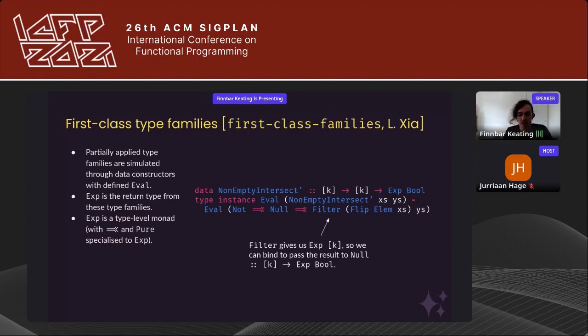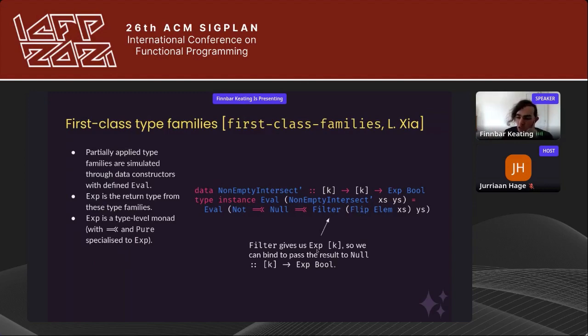To avoid having to keep unpacking and repacking this type, we fortunately get a type level monad with this reverse bind operator and pure specialized to exp. So to briefly go through this example, we've got not, null, filter, and flip, which are all defined by first class families and make this code significantly more readable.